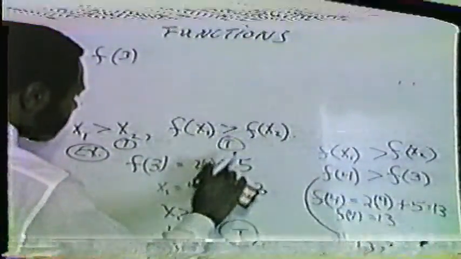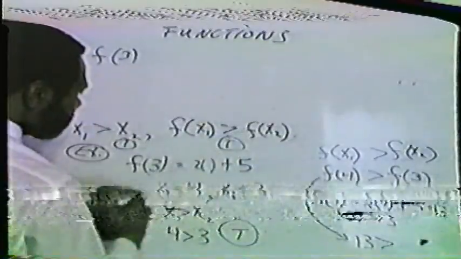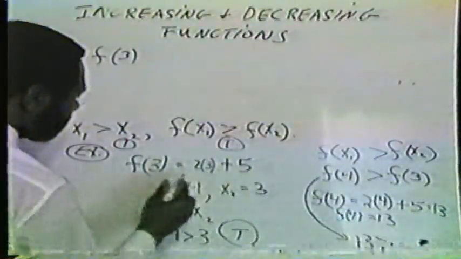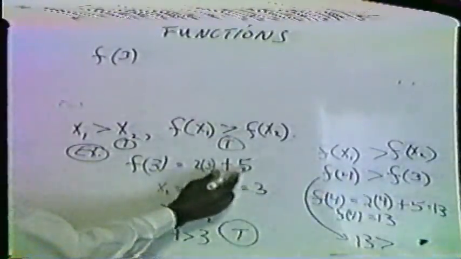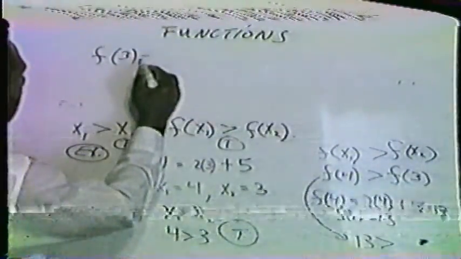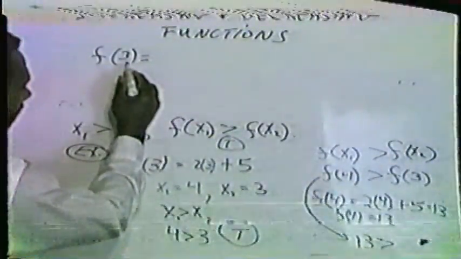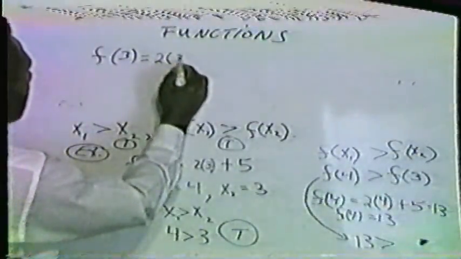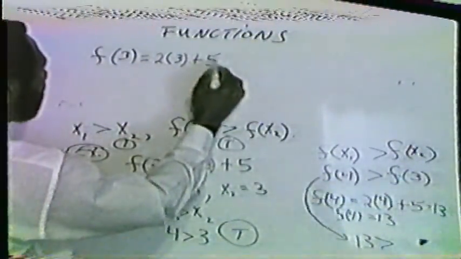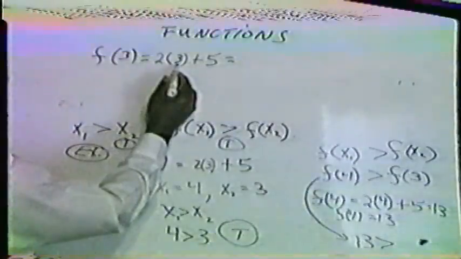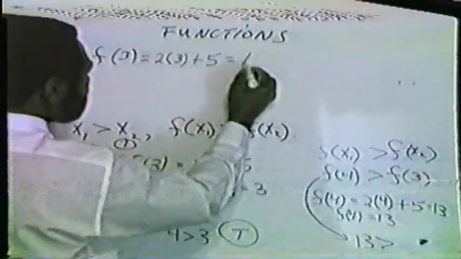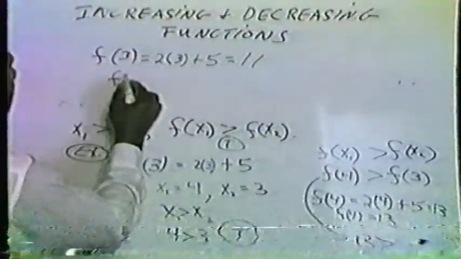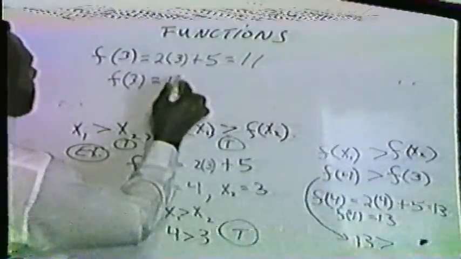So we get f of 3 equals 2 times 3 plus 5. 2 times 3, of course, is 6, plus 5 gives us 11. This means that f of 3 is equal to 11.